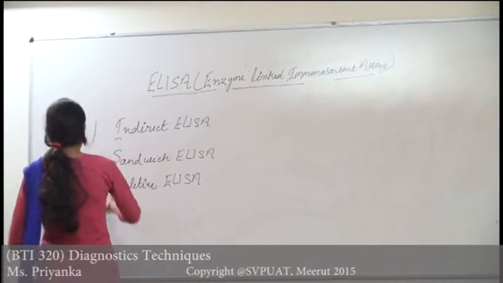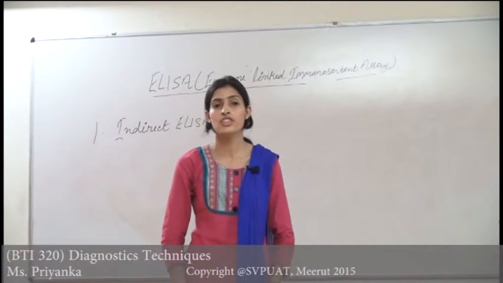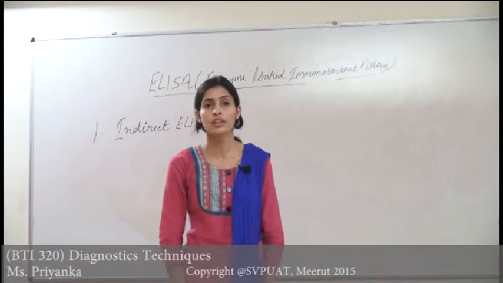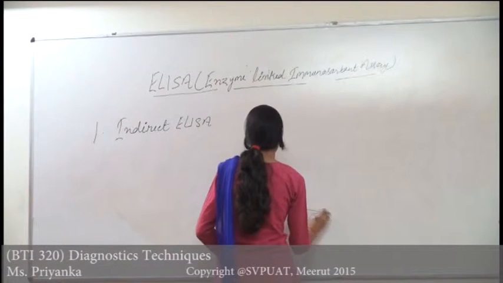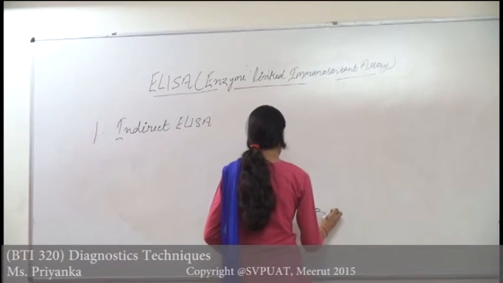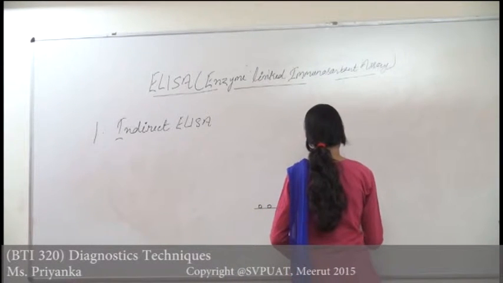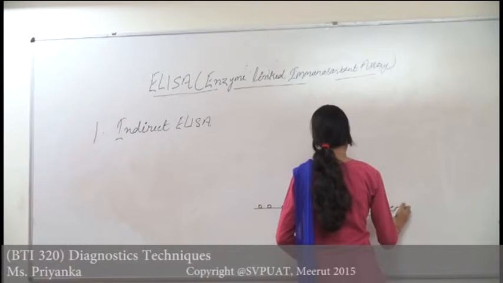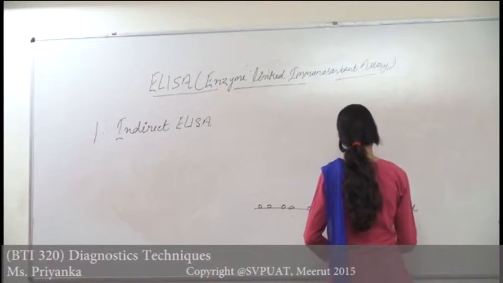First, indirect ELISA. In indirect ELISA, basically we measure the concentration of antibody in our sample. For indirect ELISA, first antigens are coated onto a microtiter well.